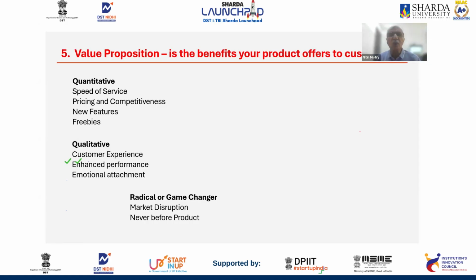That means their product totally disrupts the market. Similar products are not available. They bring absolutely a new revolution in the market. So that is again a different kind of value proposition, market disruption. And then a never-before kind of product. That means something which was not there before, but somebody launched that product or offered some service that becomes again a very unique value proposition.